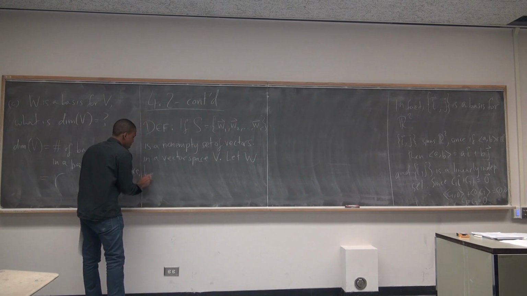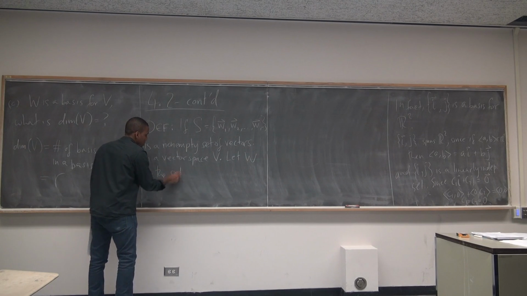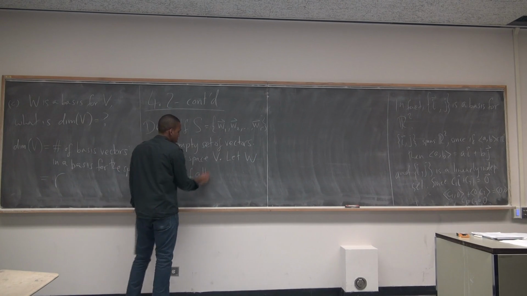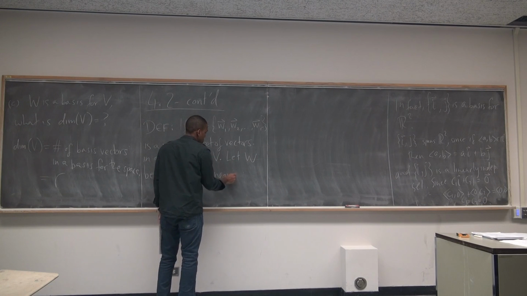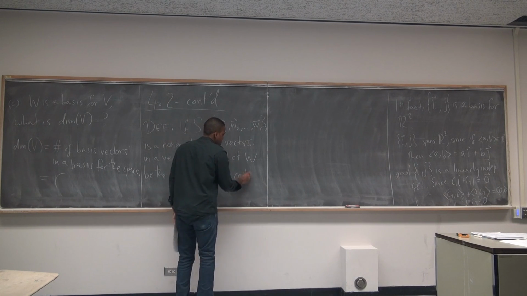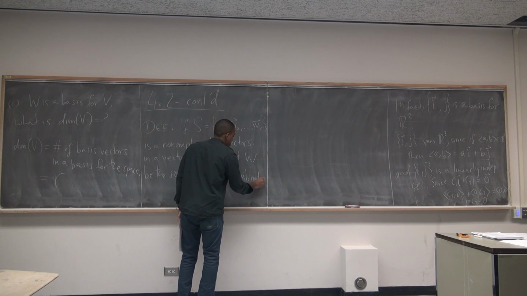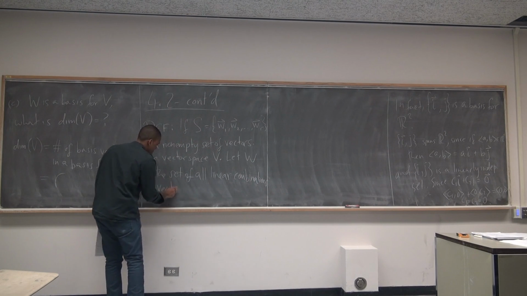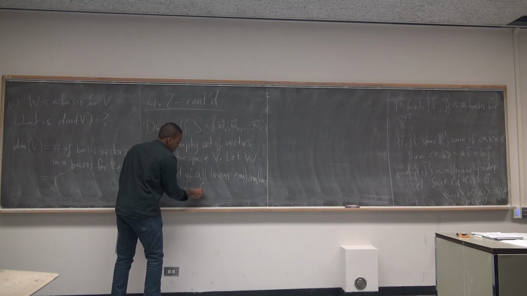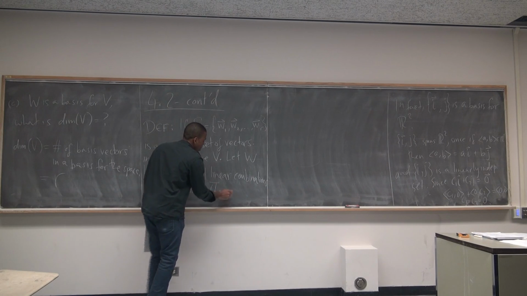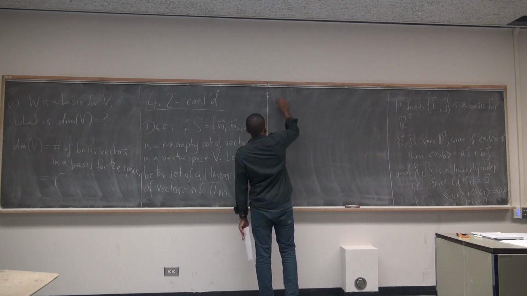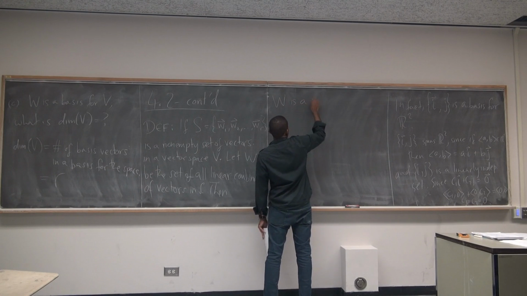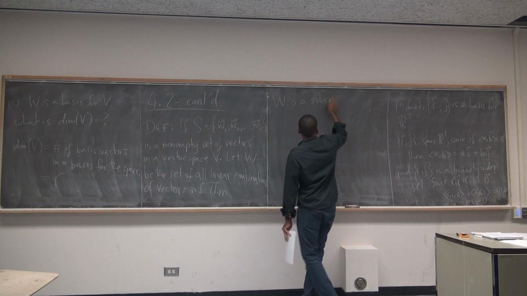Let W be the set of all linear combinations of vectors in S, and then W is a subspace.